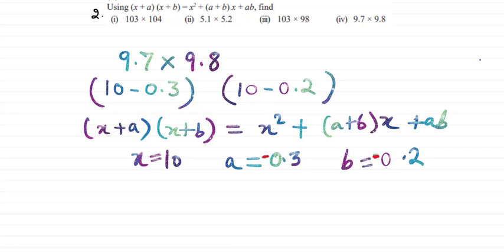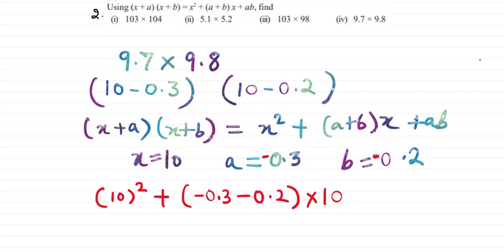So here x square is 10 square, plus a plus b. A is minus 0.3, b is minus 0.2, that you write as it is, and then the x is 10, plus a into b, so minus 0.3 into minus 0.2.